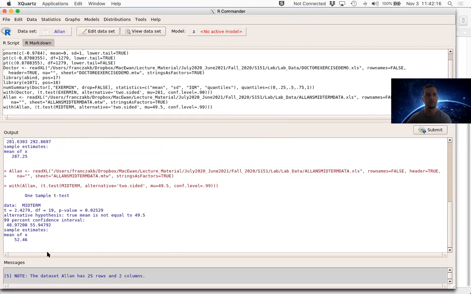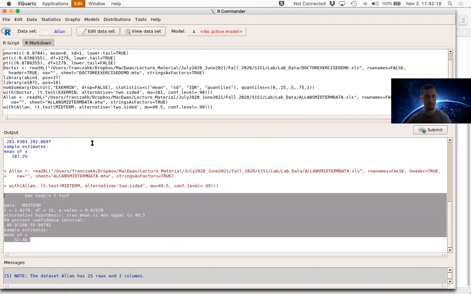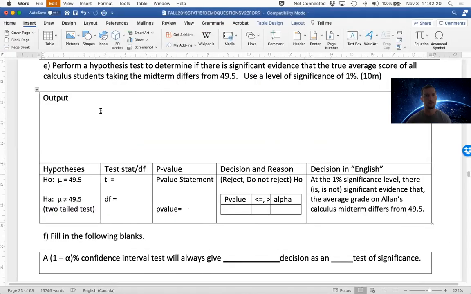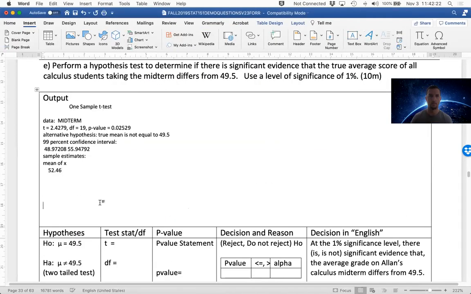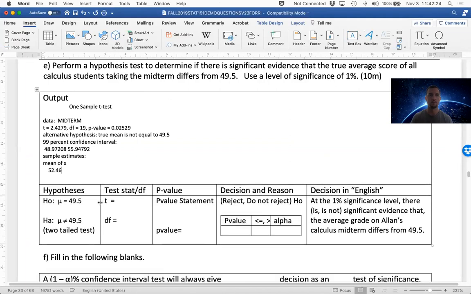Click OK. Here's our output. All right, so from the output, we have our t-value, the degrees of freedom, and we have our p-value.